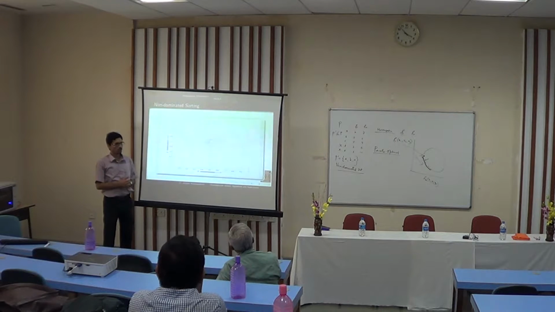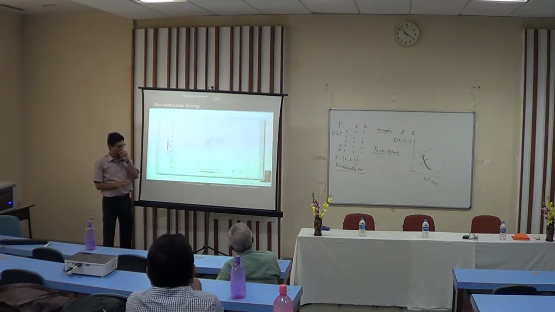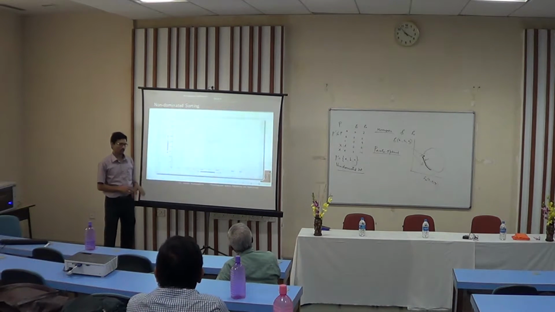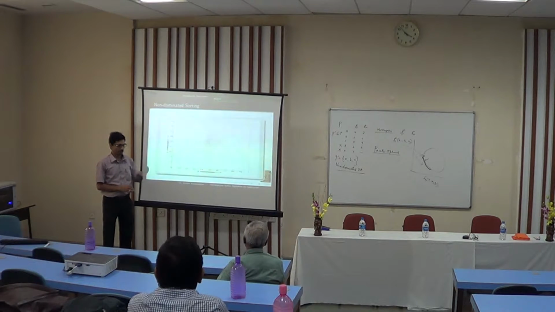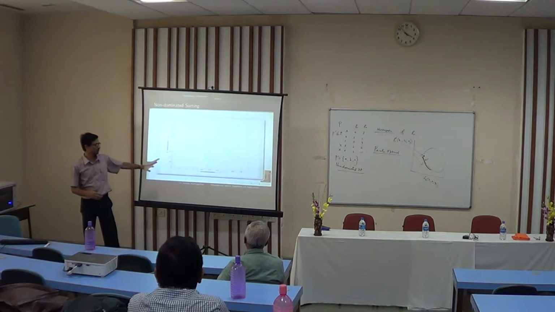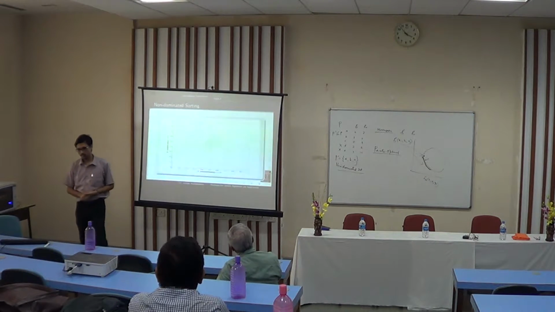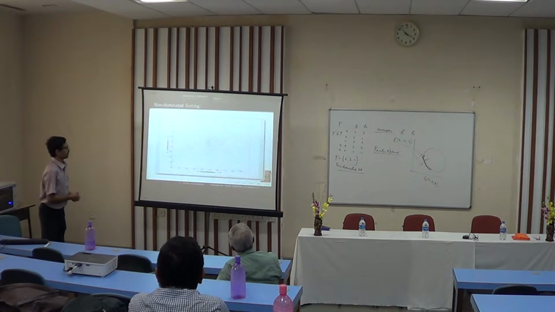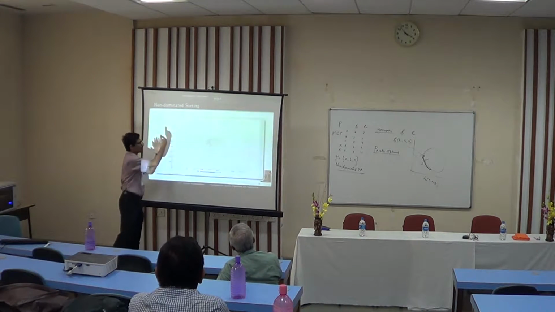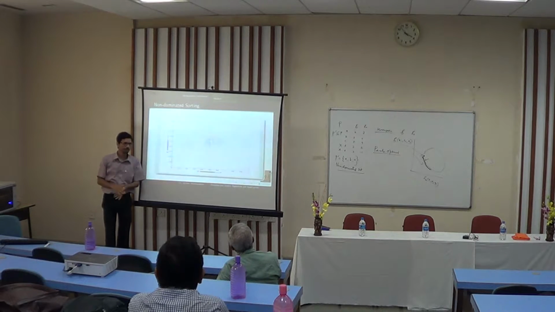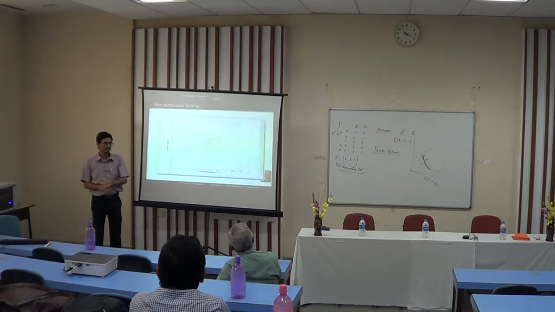We have several solutions in the population, and these are plotted. I am showing it for two objectives, but you should generalize it for many objectives. Non-dominated sorting means classifying these solutions into different layers, different ranks.